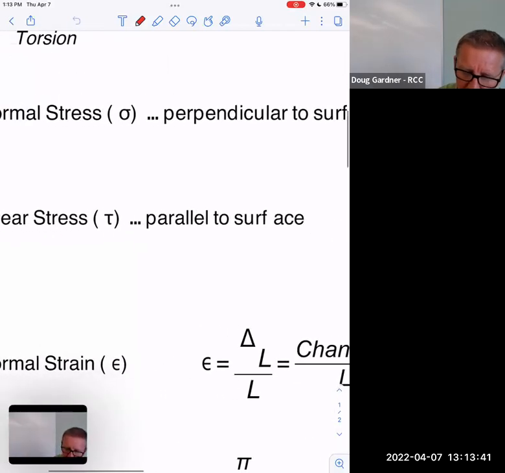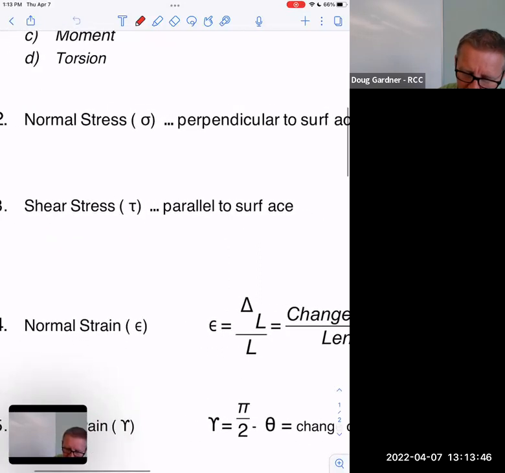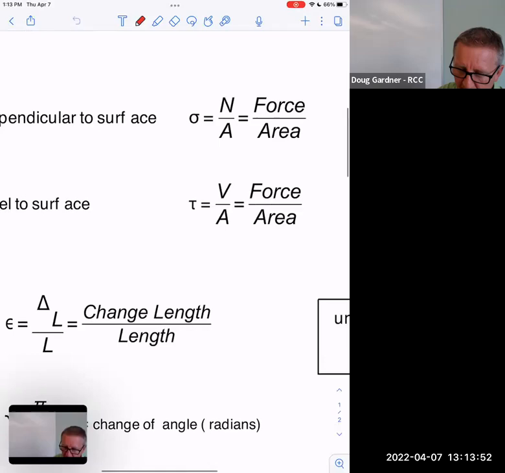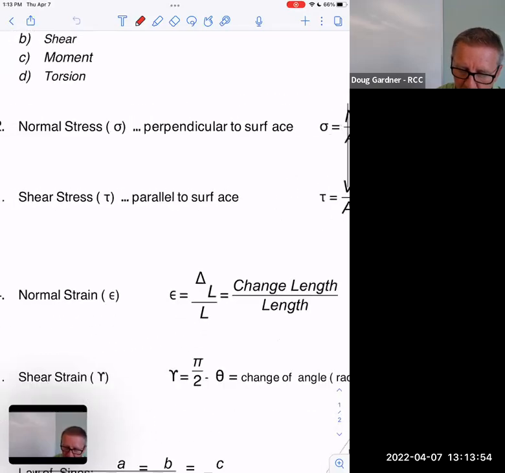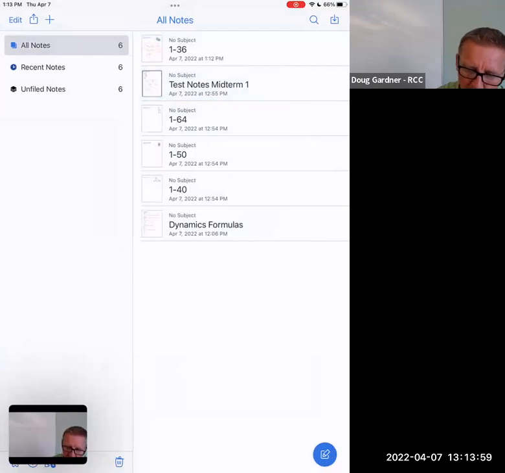So notice here I said normal stress is perpendicular to the surface and shear stress is parallel to the surface. I'm just putting that in the notes and giving you the formula for how to calculate it. So that note sheet will be kind of a working document. We'll work on it together.